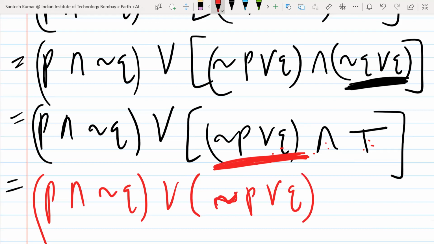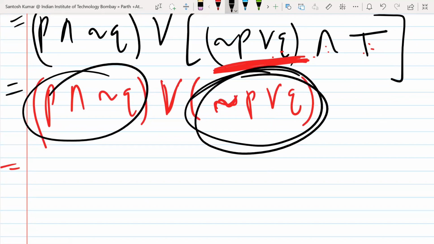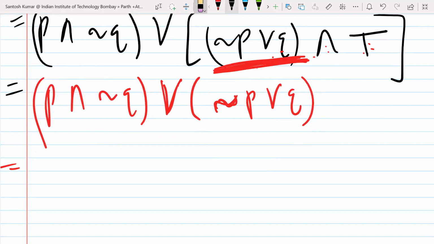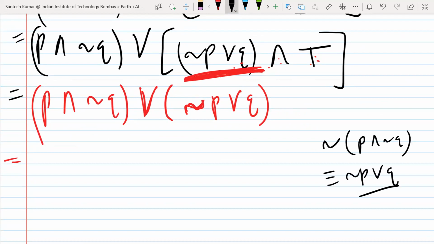Okay, now come here. So you take the negation of any one. Which one do you want to take? Because if you notice carefully, the negation of this is this one, and the negation of this is this one. Can you notice it? So let me do it now. Take the negation of P and not Q, which becomes not P or Q. That is this.